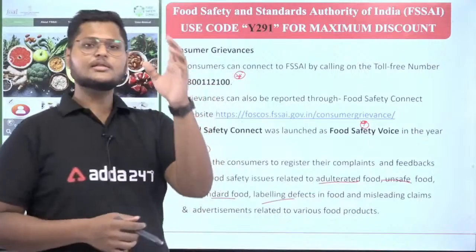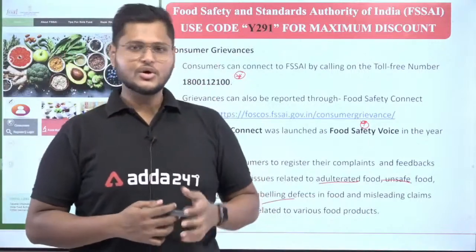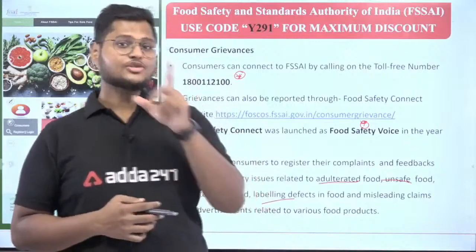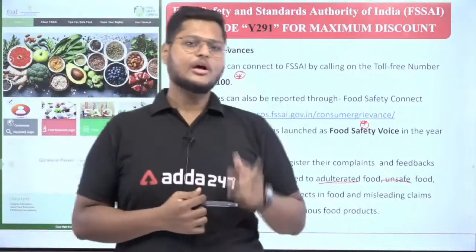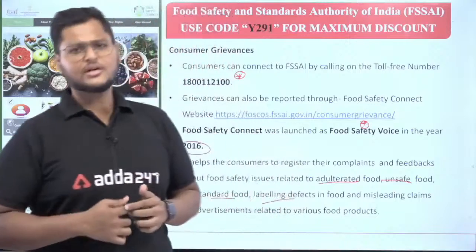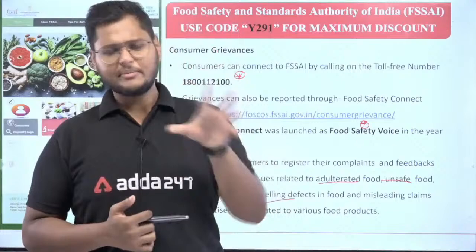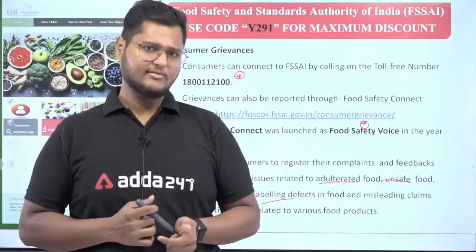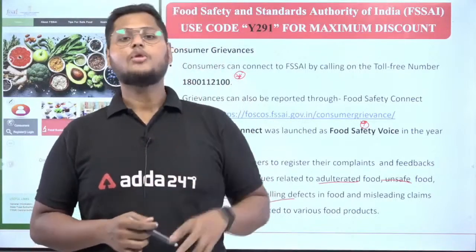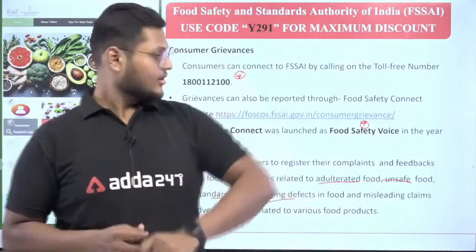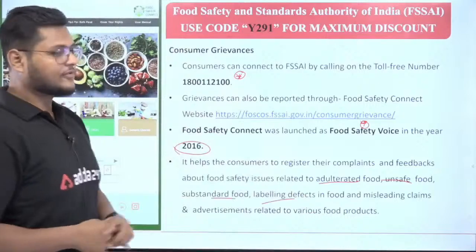Now you know that the labeling that the companies provide for any kind of food should be truthfully labeled. Agriculture students must have heard this term in seed science. Truthfully labeled means that the information provided on the label is true. It should not be false, it should not be fake, it should not be misleading at all.